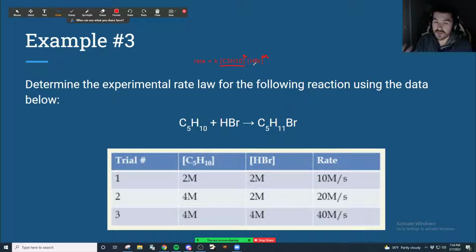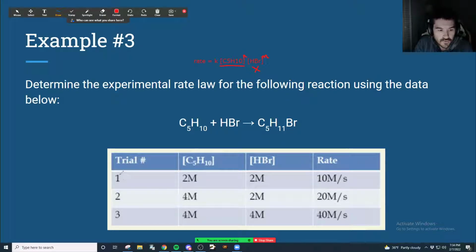If it does, how much does it influence it? Let's take a look. We want to look for 2 trials where this concentration changes, but the other one remains constant, because we don't want to add in additional variables when we're not really concerned with this at the moment. We'll look at it in a minute, but we really just want to focus on 2 trials where this changes while this does not.